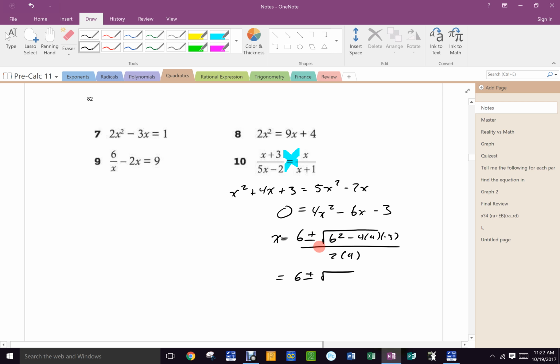So it's 36 and 48, which is 84, right? Root 84 over 8, right?